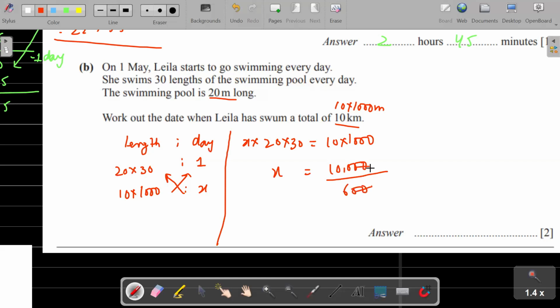Let's simplify it: 100 by 6 is 16.666. So our day cannot be 0.666 of a day, so we will round it up to 17.